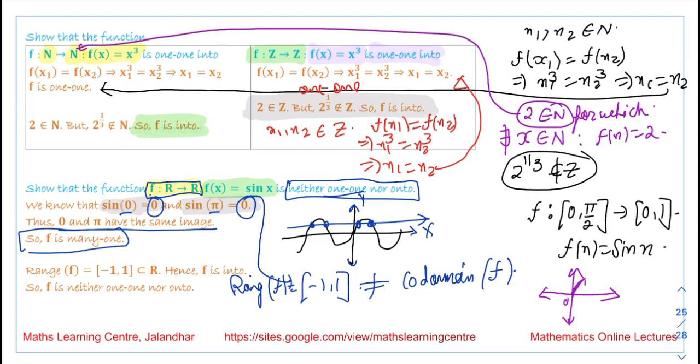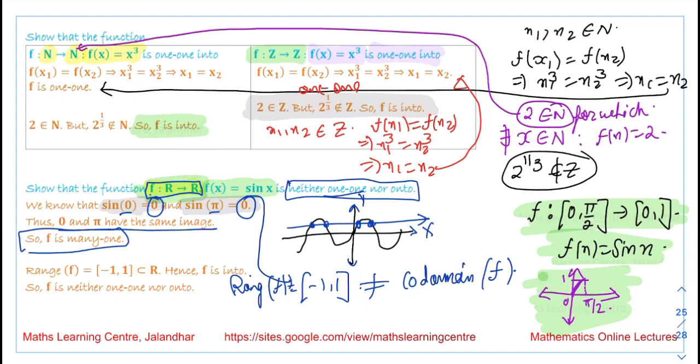This is 0, this point is pi by 2, this is 0 and this point is 1. So we are saying this function will be both 1-1 and onto, that is, this function will be a bijective function. But if the domain and codomain we are considering is R, then this function is not 1-1 or onto.